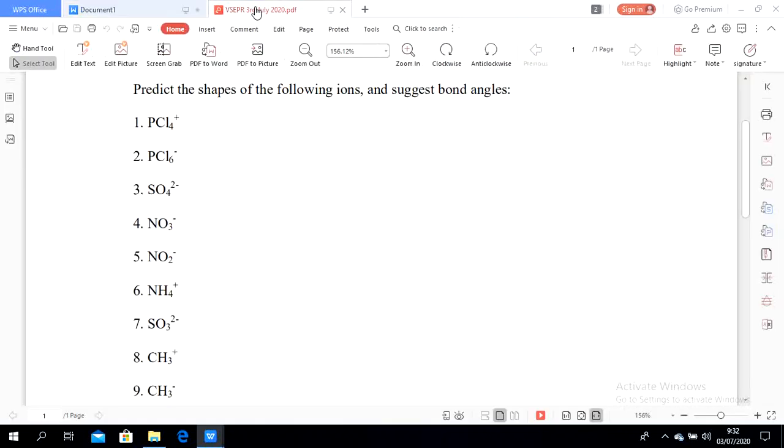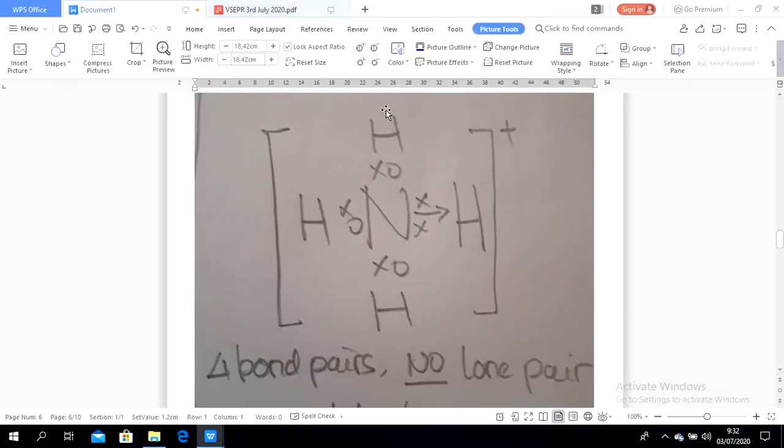Now let's continue to the ammonium ion. As we discussed yesterday, the drawing of the ammonium ion is like this. This one is a dative covalent bond. Why? Because hydrogen doesn't have an electron.